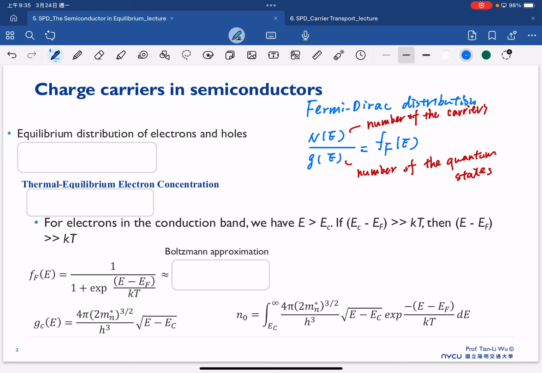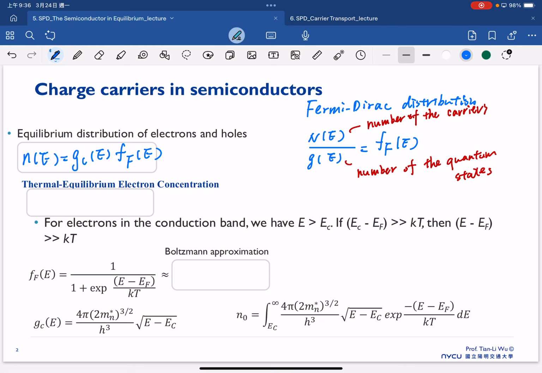So therefore it is equal to g_c(E) times f_F(E). This is the equation coming from the Fermi-Dirac distribution.